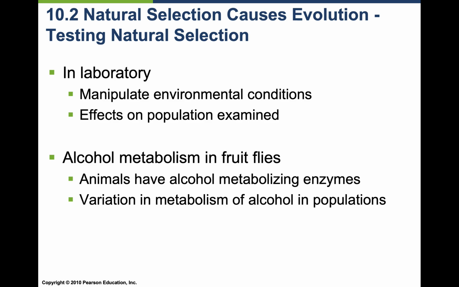Now this is generally much more interesting at other universities where alcohol among students is a much higher presence, not so much here at BYU, but just the same, we'll look at alcohol metabolism in fruit flies. Animals have alcohol metabolizing enzymes. All humans have it, all animals have it. But there's a variation in the metabolism of alcohol within populations of animals.